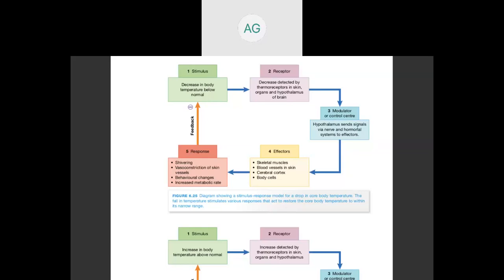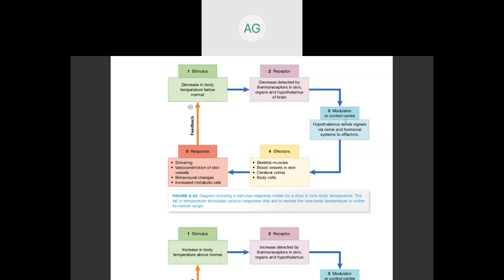The hypothalamus in the brain sends a signal via nerves and the hormonal system to the effector. So the message of decrease in body temperature goes from the receptor to the control center, which is your hypothalamus, and then the hypothalamus further sends the signal to the effector organ to react.